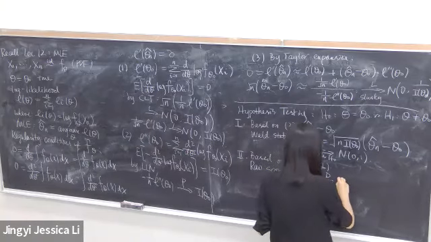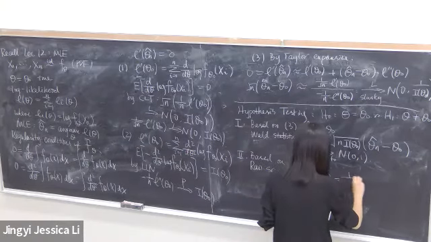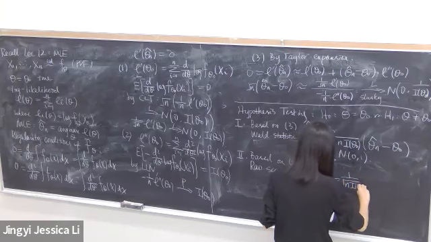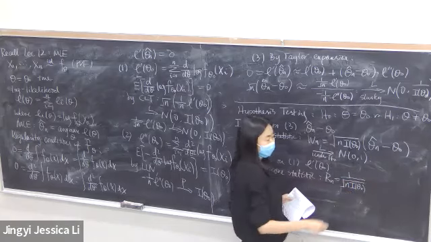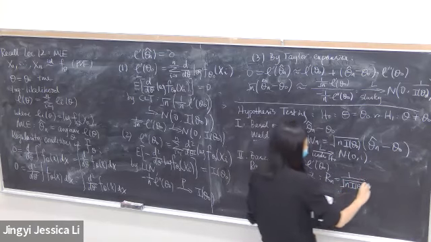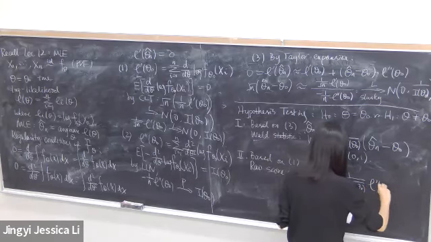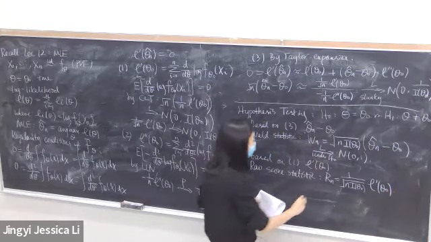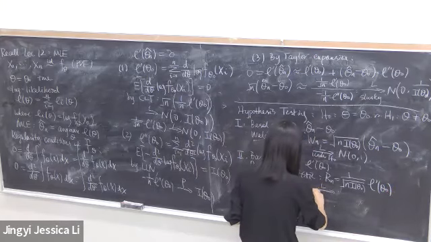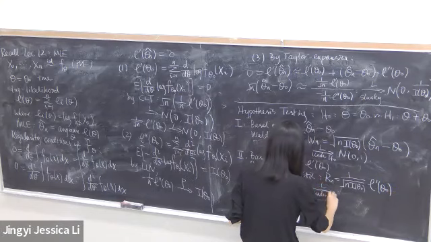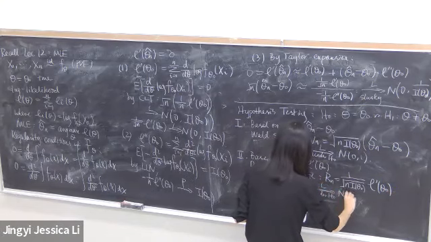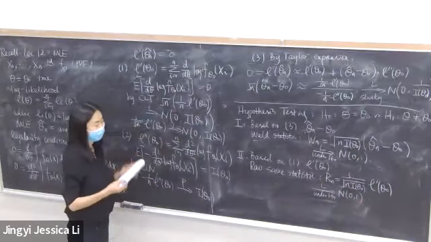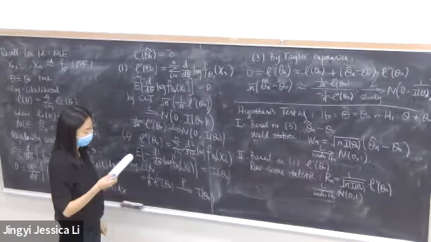It is 1 over root n divided by root Fisher information. Okay, this is it. And again, under the null, it converges to standard normal. Okay, this is the second thing.